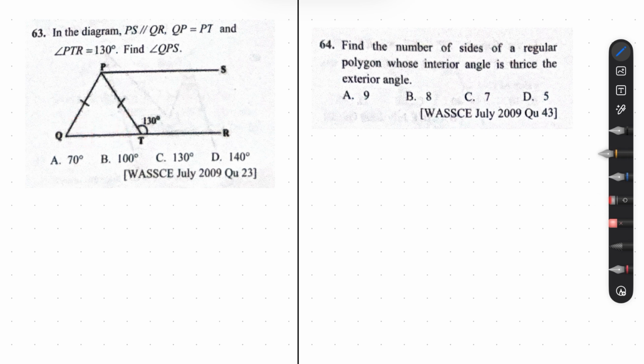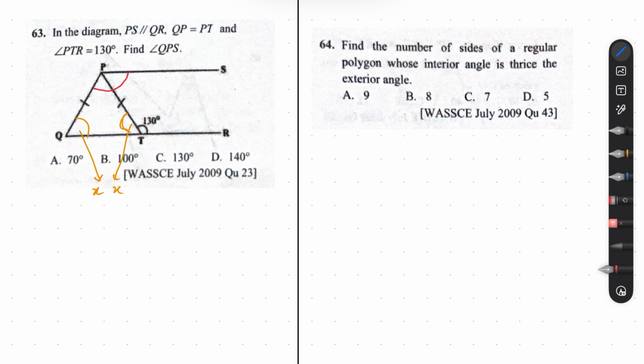Let's name them x. The question wants us to find angle QPS, which is this whole angle right here.